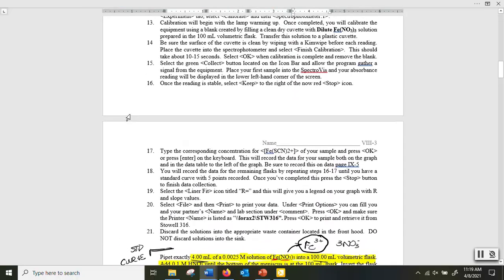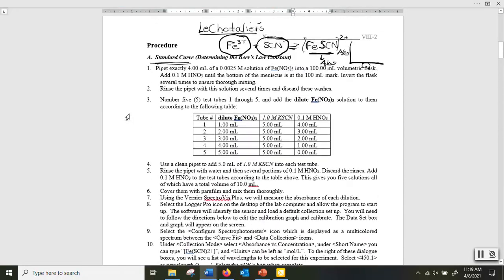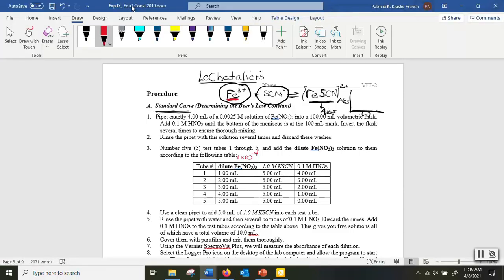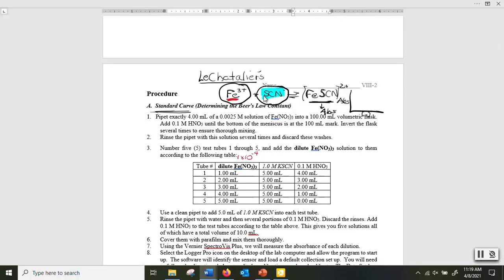Well, let's go back to this and see if we can figure out how Le Chatelier's is going to help. I know this for sure. If I take a look again at what I'm putting in here, putting in my SCN, but check it out. This is 1 times 10 to the minus 4th. This is 1 molar. So this KSCN is a huge excess.